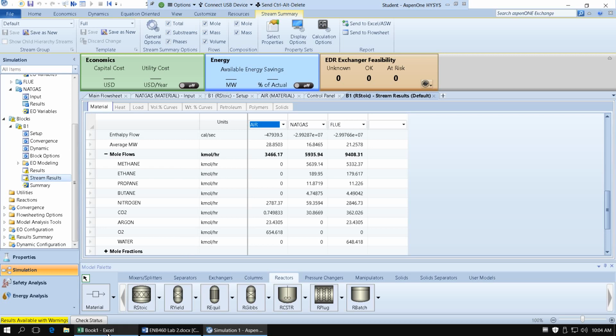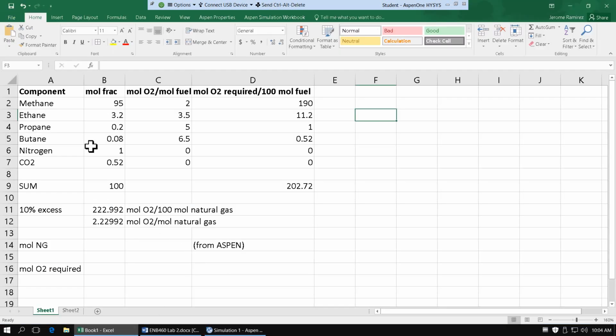So prior to this lecture, I've prepared this table with the components of natural gas and their mole fractions. This number represents the number of moles per 100 moles of the natural gas.